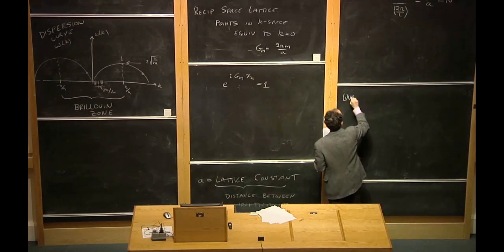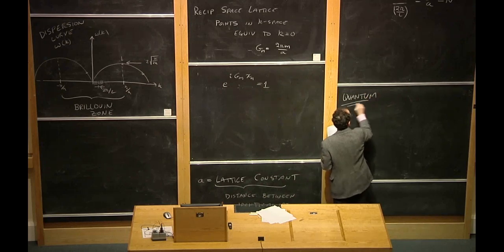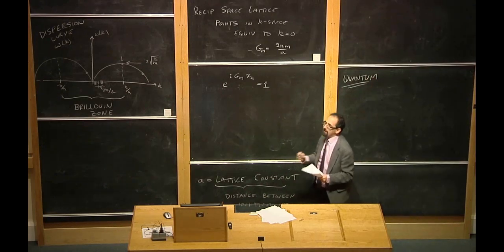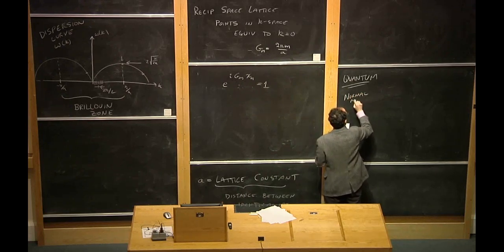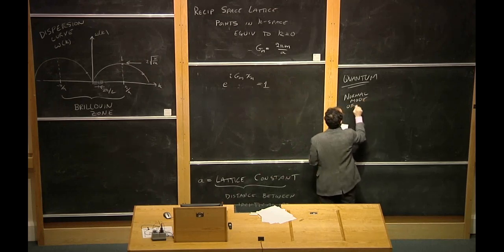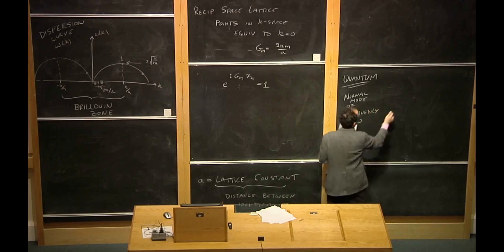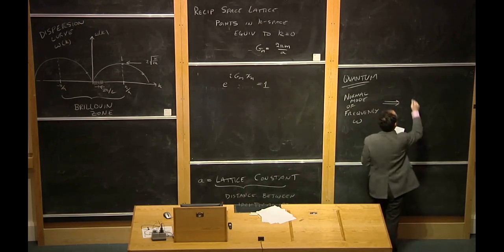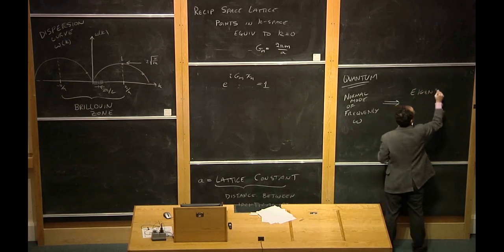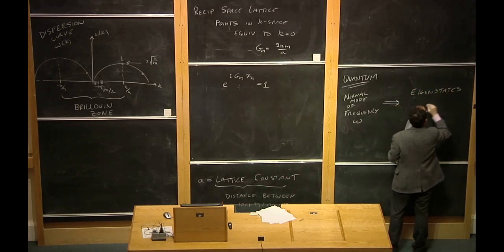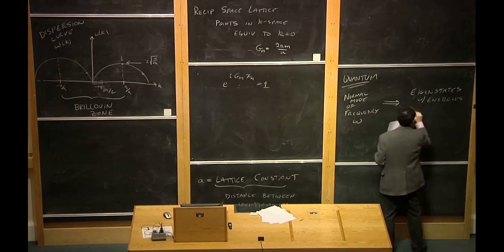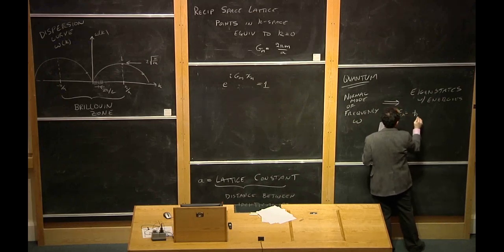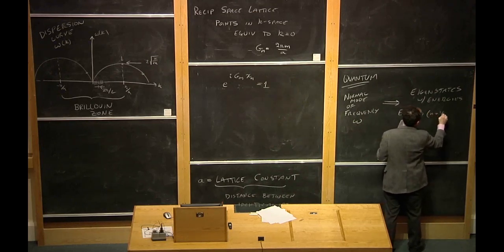Quantum. So in quantum mechanics, there's a very simple rule, which is that if you have a classical normal mode of frequency omega, when you go to quantum mechanics, that becomes eigenstates with energy E_n equals h bar omega (n plus 1/2).